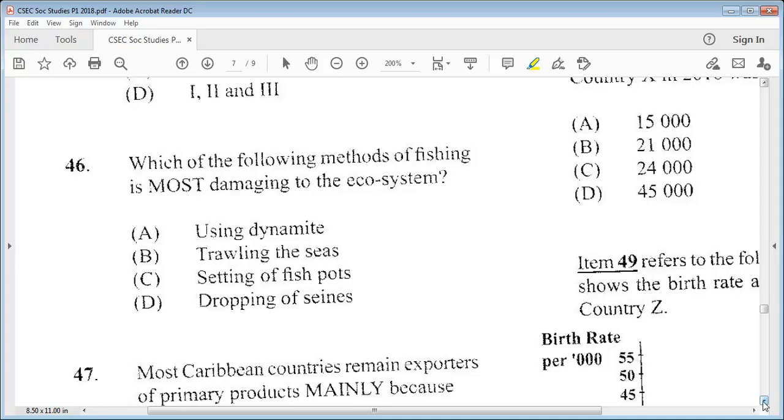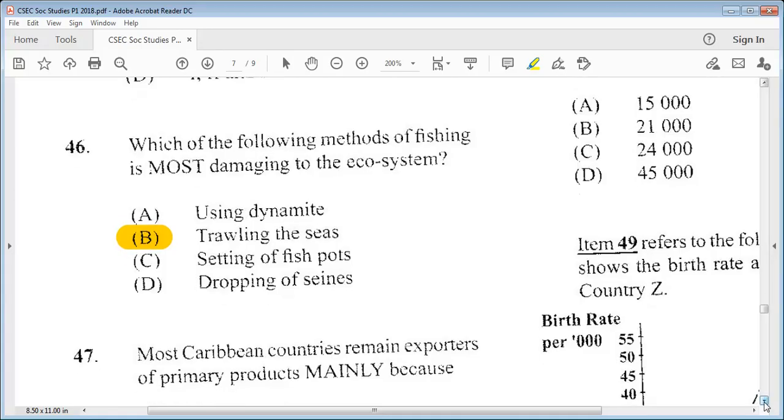Seines, as I said, I attach that to trawling, is a large net that is used to catch a large amount of fish. So trawling would be our best answer. Some persons would probably say A, using dynamite, but trawling is more damaging.